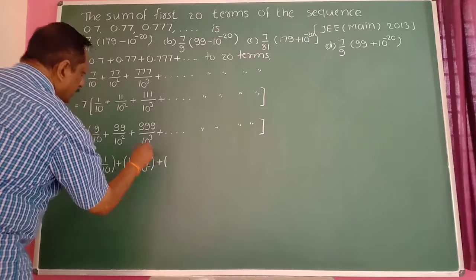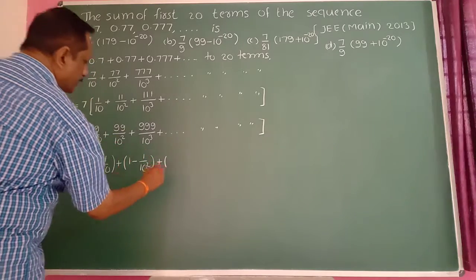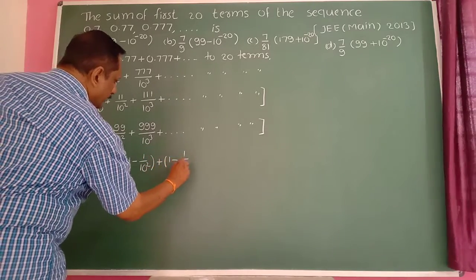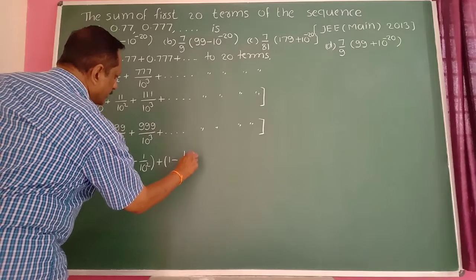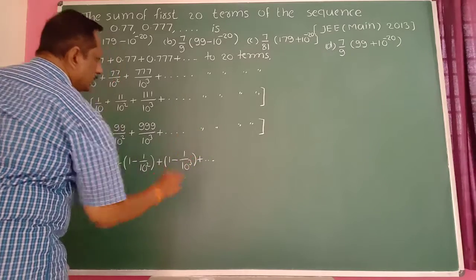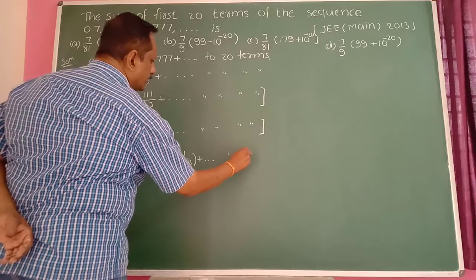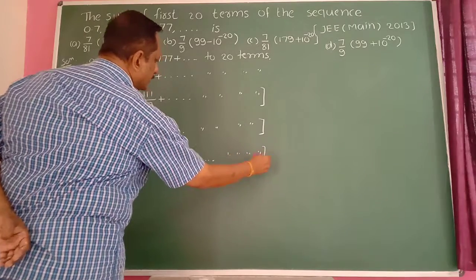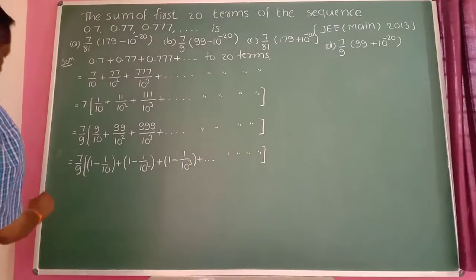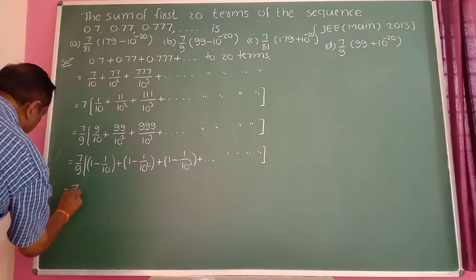Plus 999 by 10 cube means 1 minus 1 upon 10 cube. And so on up to 20 terms here.